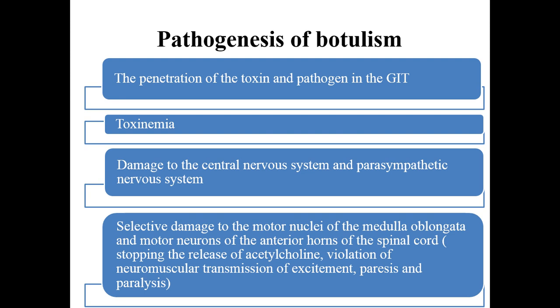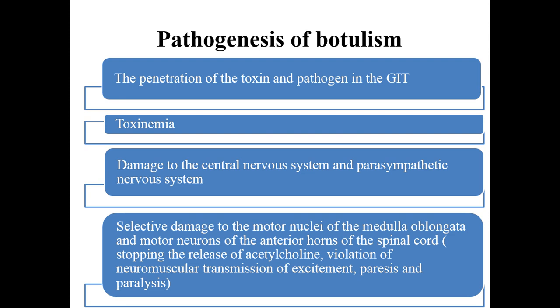Mechanism of action of botulinum toxin: after entry, botulinum toxin is transported via blood to peripheral cholinergic nerve terminals. The most common nerve terminal sites are neuromuscular junctions, the postganglionic parasympathetic nerve endings and the peripheral ganglia.